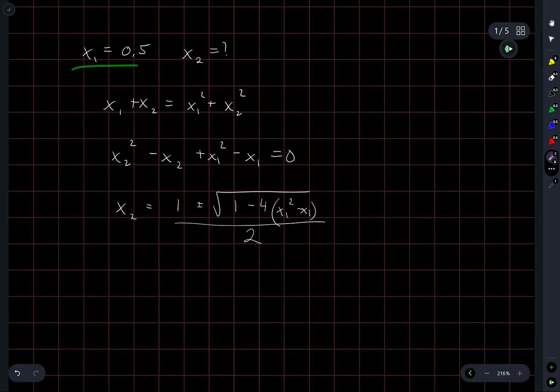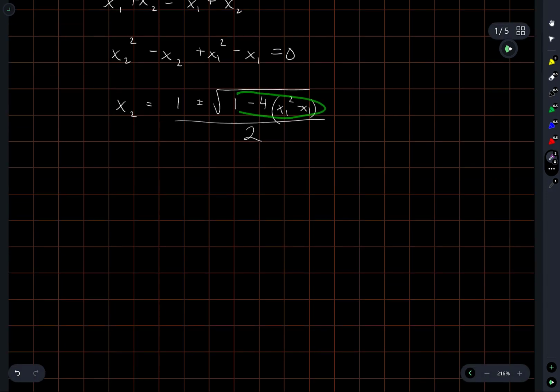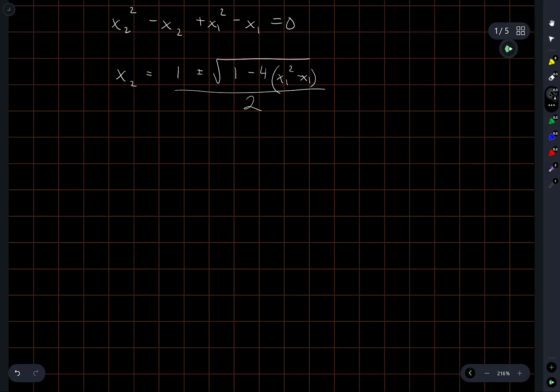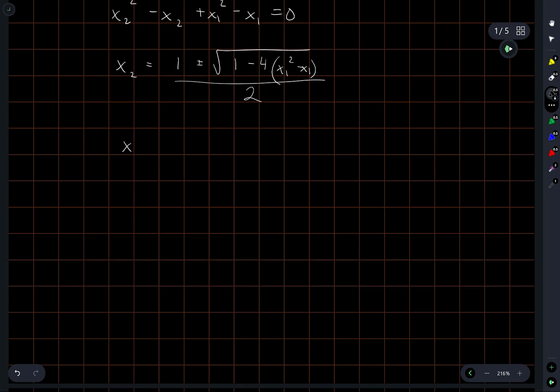Well, sorry, no, we're assuming we know x1, right? x1 is 0.5, but in fact, if we wanted to write x2 in terms of x1, this would put restrictions on it because we don't want the expression under the radical here to be negative. We could impose that this is positive and then solve for the range of possible values of x1. But in our case, x1 is equal to a half.